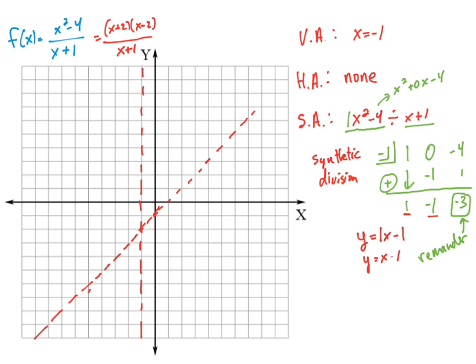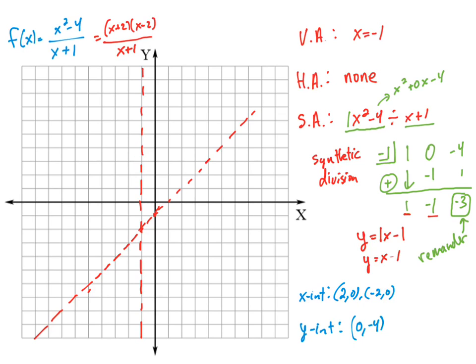All right. Next, let's find the x-intercept. This is what makes the numerator 0. Well, 2 and negative 2 are going to make the numerator 0. Write those as ordered pairs. And then the y-intercept: what happens when we input 0 into the function, we get negative 4. So 0 comma negative 4 is the y-intercept.